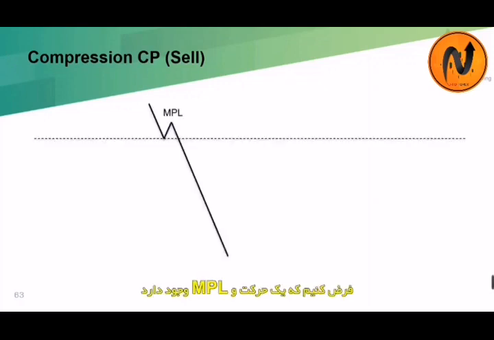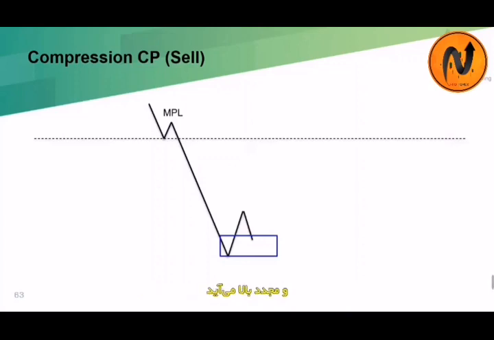So CP is, let's assume that there is a movement and there is an MPL. The movement will slowly crawl back up, consume its own demand zone at the bottom, and then rise again, creating a new demand zone.